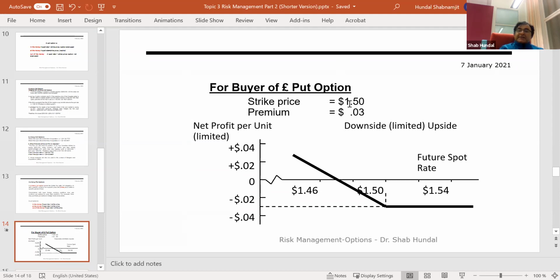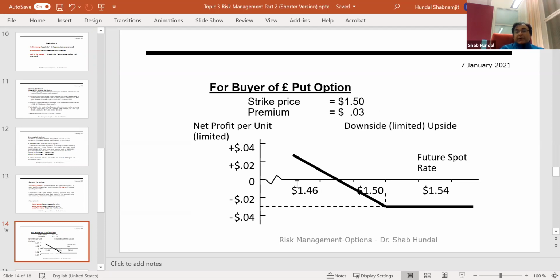Okay, it means that 1.50 minus 1.46, you earn 4 cents. But actually you earn 1 cent because 3 cents is the premium you pay in the beginning. That's your cost anyway. So 4 cents is the difference here, but because you paid the 3 cents when you bought this contract, basically you're saving 1 cent here. The option is in the money.